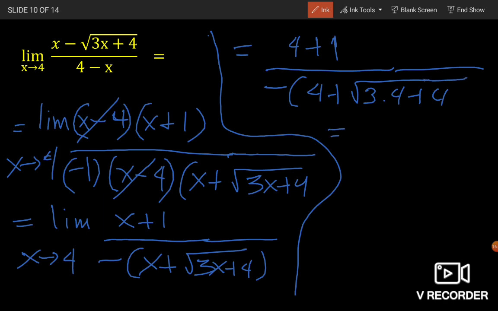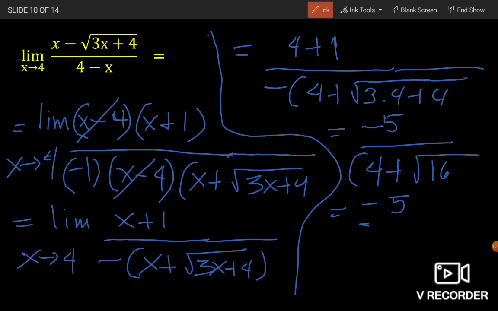This is equal to 4 plus 1, which gives you 5. There's a negative sign here, let's just put it upstairs. 4 plus square root of 3 times 4 is 12, plus 4 is 16. Square root of 16. This is now equal to negative 5 over 4 plus square root of 16, which gives you 4. Now, our final answer will be negative 5 over 8.